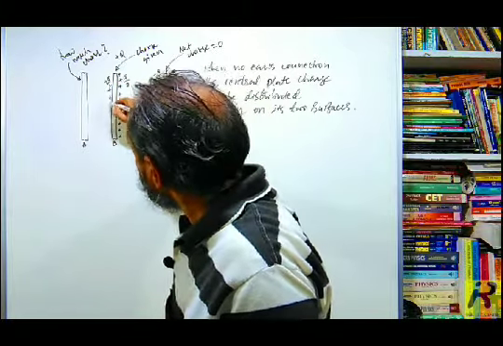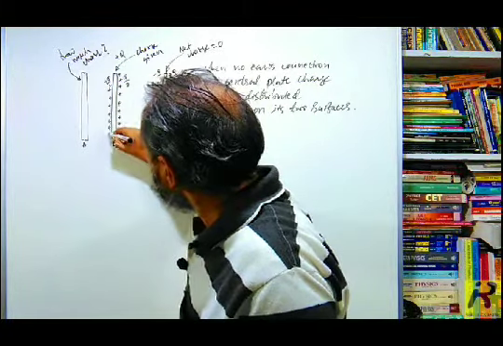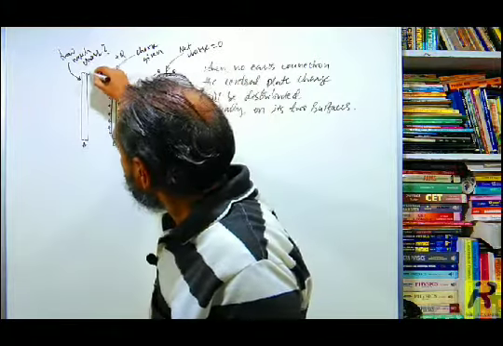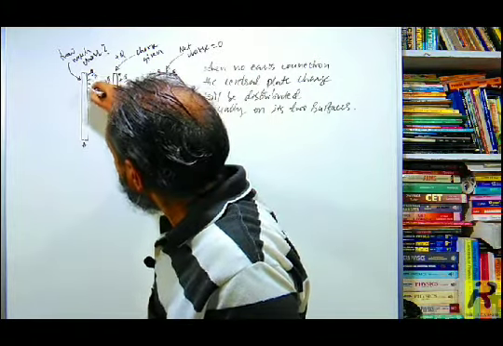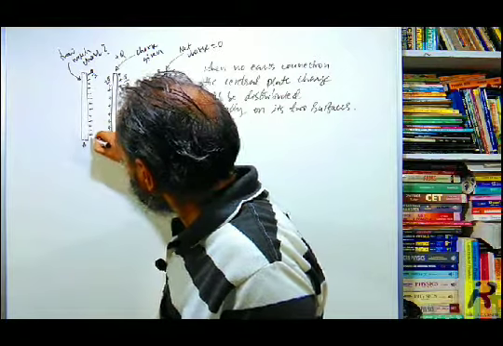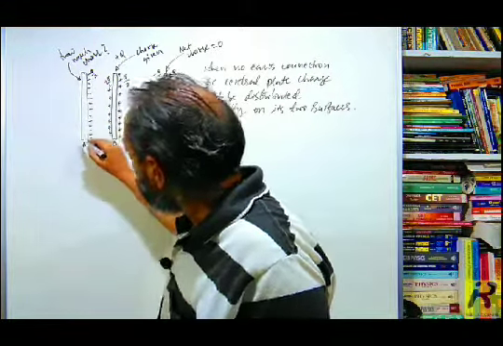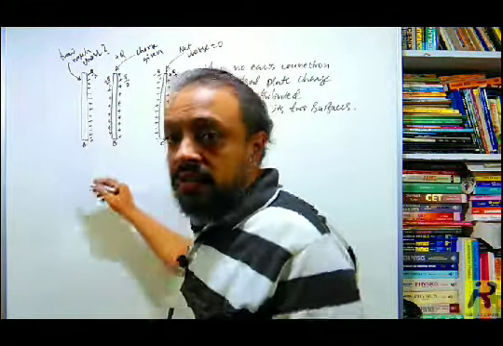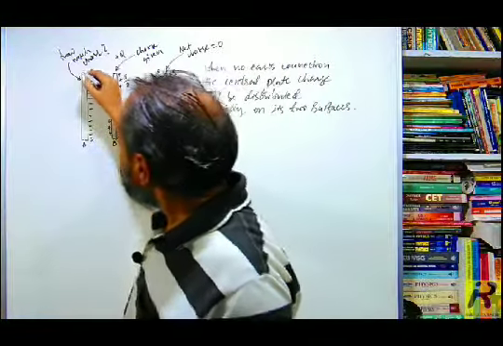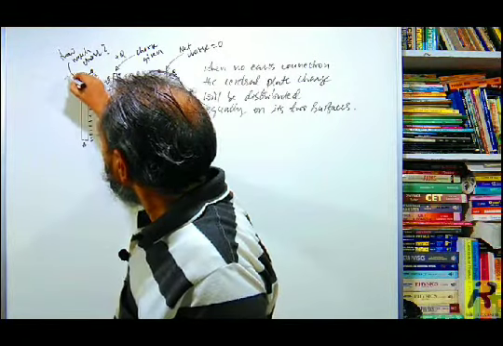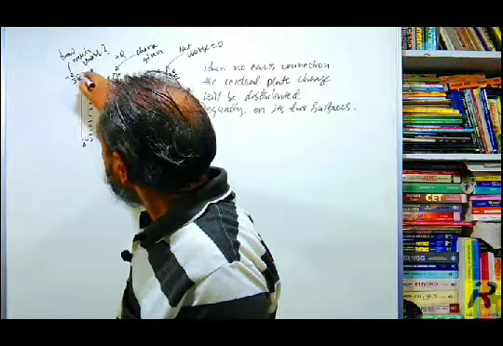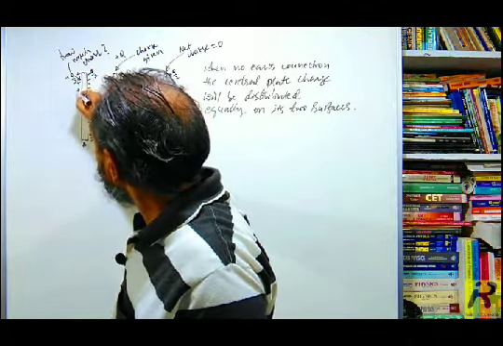The same situation occurs here. The plus charge accumulated here is plus Q by 2, and on this side we get minus Q by 2 charge. Again, the initial net charge is 0, so here we get plus Q by 2 charge.